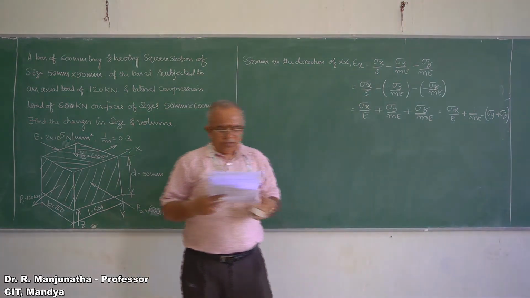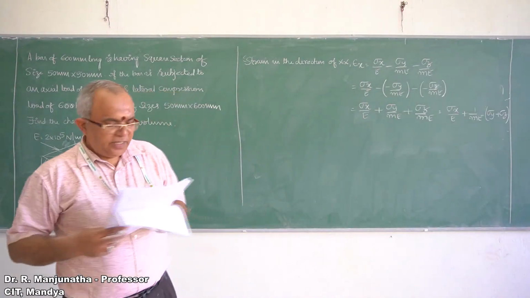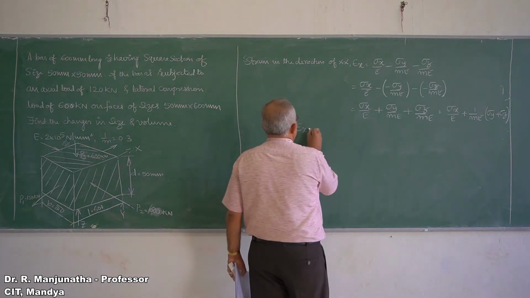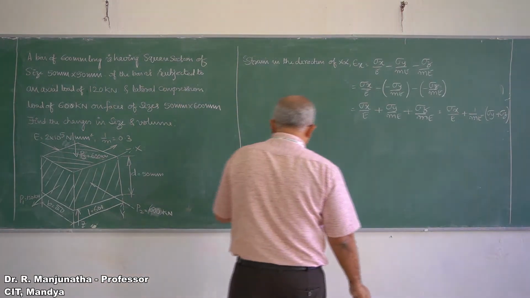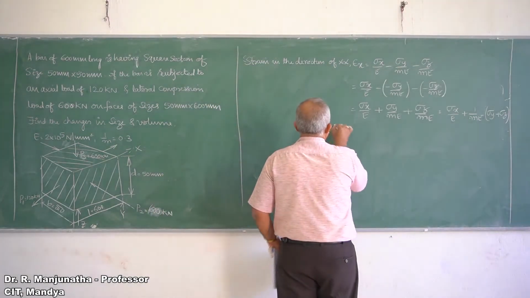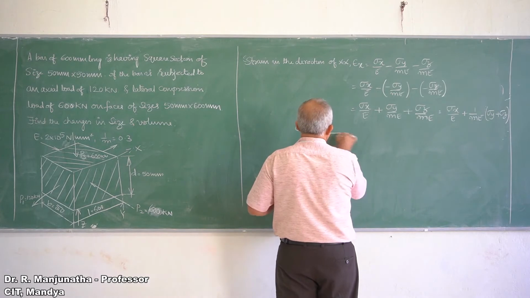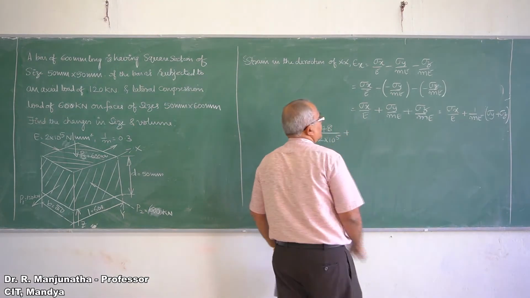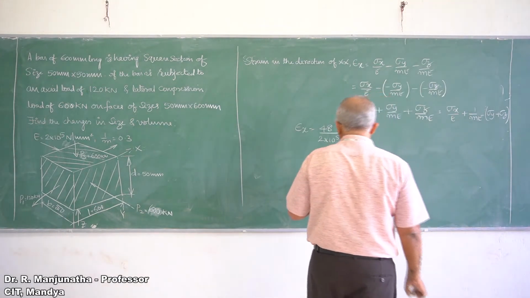So therefore, what will be the value of epsilon x? We have sigma x, which is 48, so 48 divided by 2 into 10 to the power of 5, plus 1 by m into E. What is 1 by m?